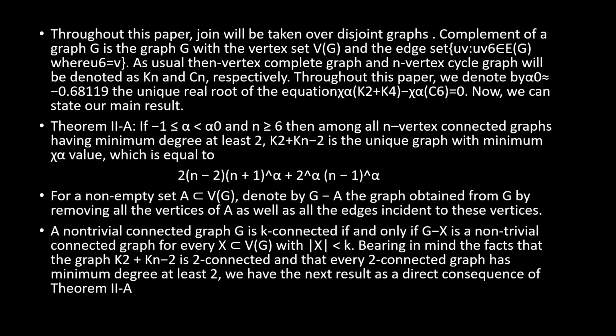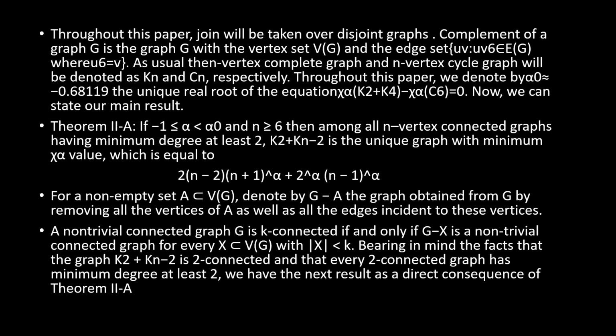Throughout this paper, we denote by alpha naught, approximately minus 0.68119, the unique real root of the equation x_alpha(K2 + K4) − x_alpha(C6) = 0. Now we can state our main result.